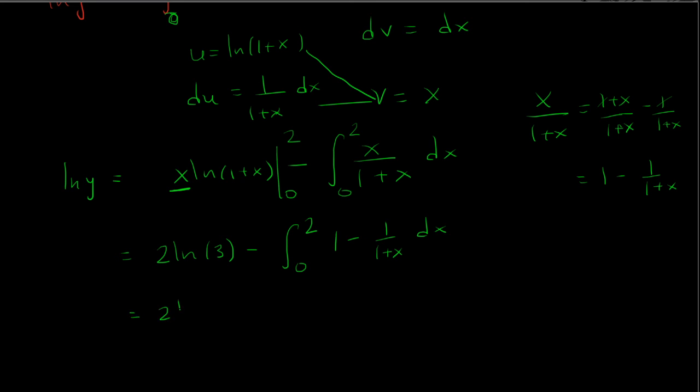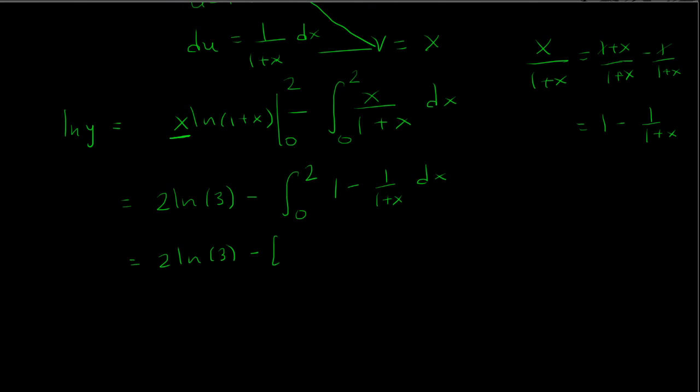So that'll be 2 ln 3 minus quantity. Here, because I have a negative, I want to put a bracket so as not to make a mistake. So that'll be x minus ln of 1 plus x from 0 to 2. That'd be 2 ln 3.